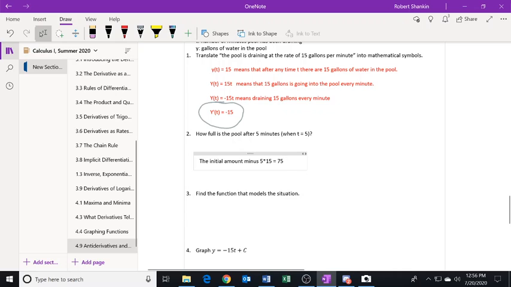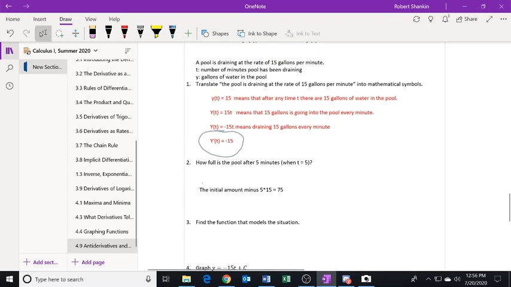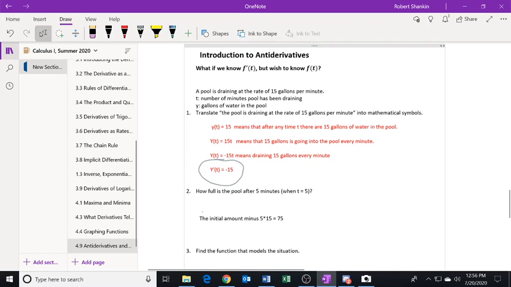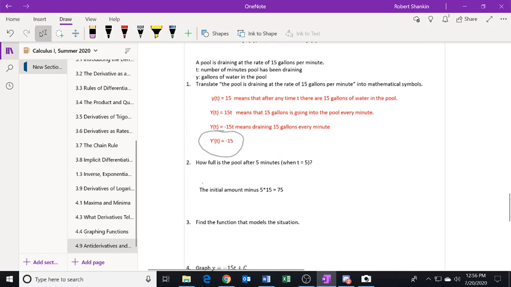And since you're on a roll, group 4, any answer for the next one? Function that models the situation. I haven't put a lot of thought into the next one. Do you want to guess or you want to pass on it?